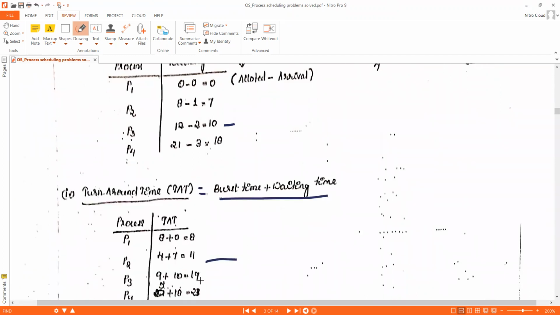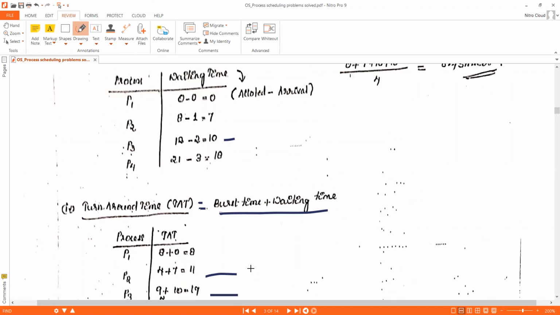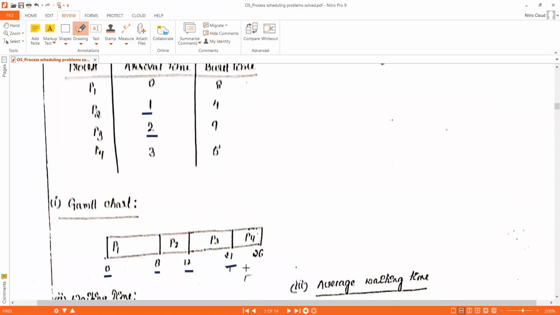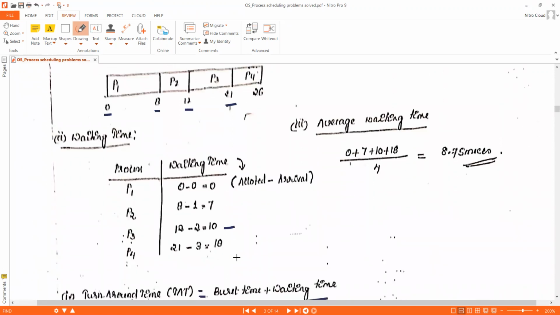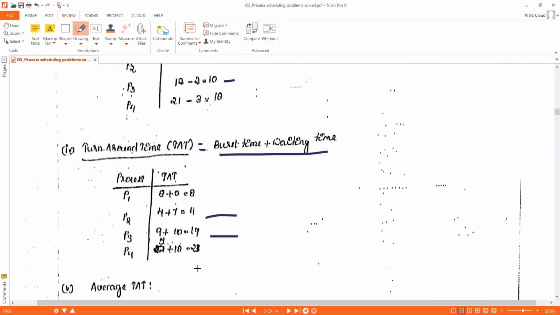Okay, 9 plus 10, it is 17 milliseconds is the turnaround time for process 3. Next, process 4's burst time is 5 milliseconds plus its waiting time is 18 milliseconds. 5 plus 18 will get 23 milliseconds is the turnaround time for process 4.